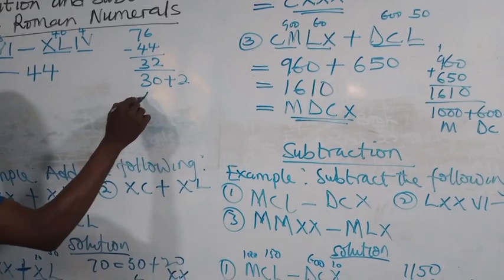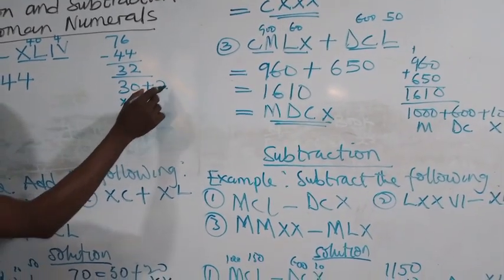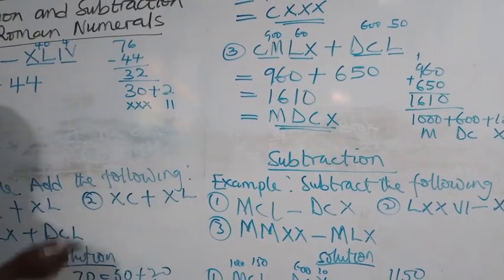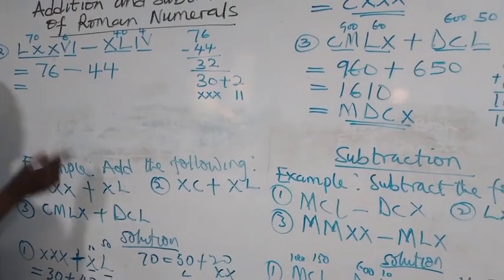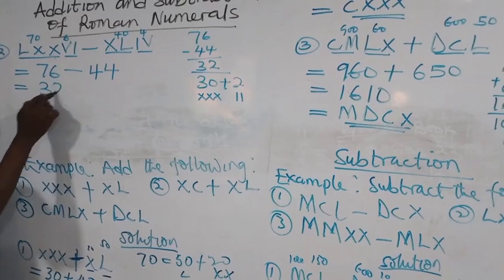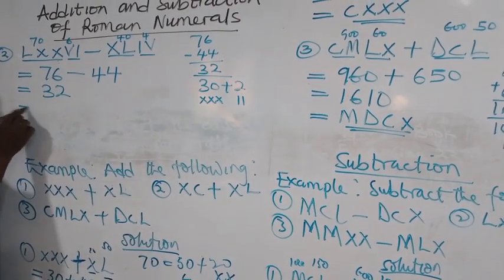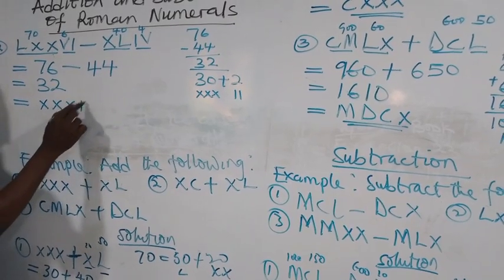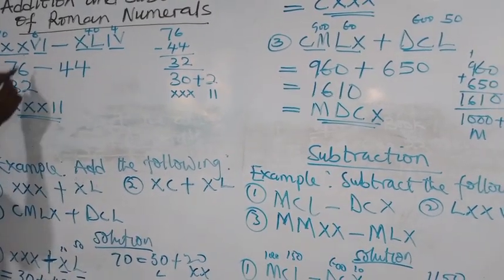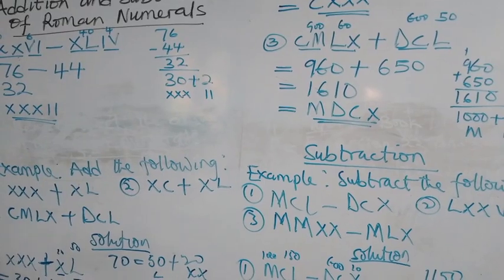And 30 will give us XXX, and 2 will give us II. So 76 minus 44 will give us 32, and 32 will give us XXXII. That's the final answer for this.